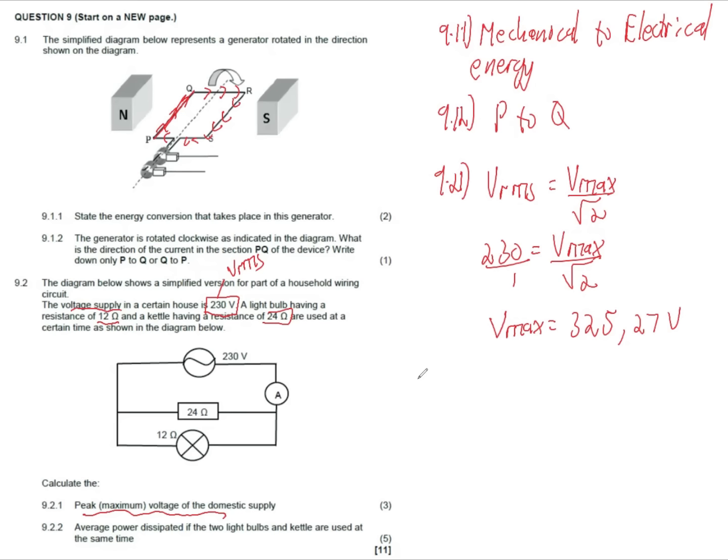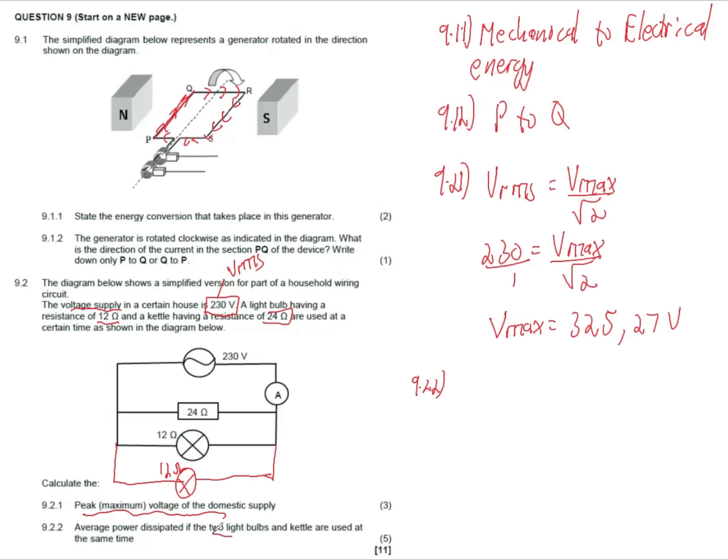Then 9.2.2 says, for 5 marks, calculate the average power dissipated if the 2 light bulbs and kettle are used at the same time. Right, the 2 light bulbs and kettle are used at the same time. Okay, so in this case, we're going to assume that they put another light bulb here of the same resistance in parallel. So this will still be 12 ohm.